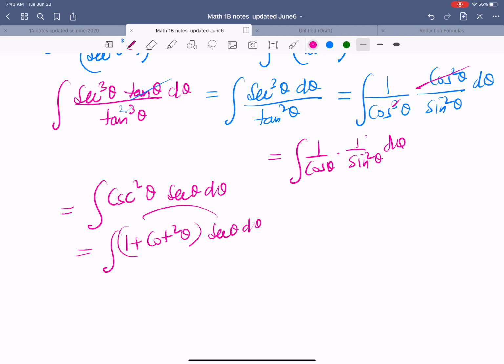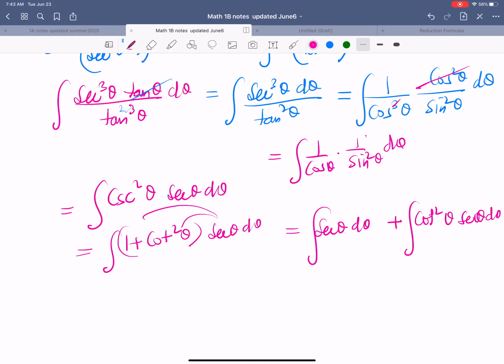I'm going to distribute this in here. This turns out to be secant theta d theta plus cotangent squared theta secant theta d theta.